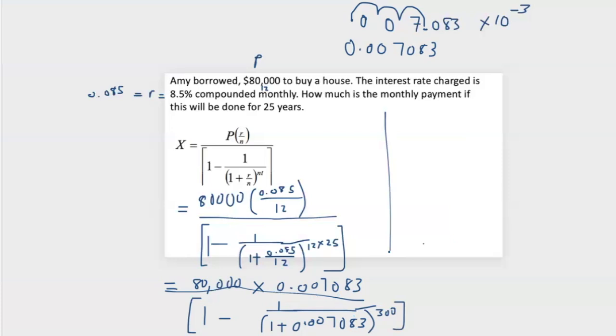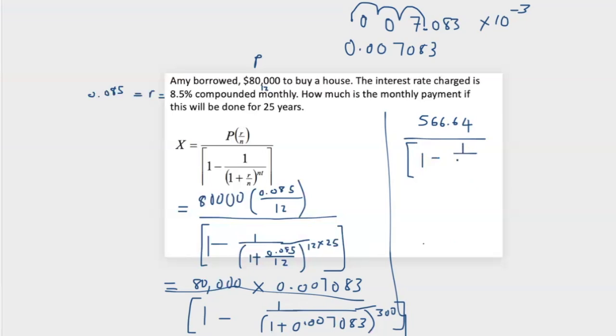In the numerator again, we have 80,000. And you multiply it by 0.007083 to get $566.64. In the denominator, I have 1 minus 1 over.